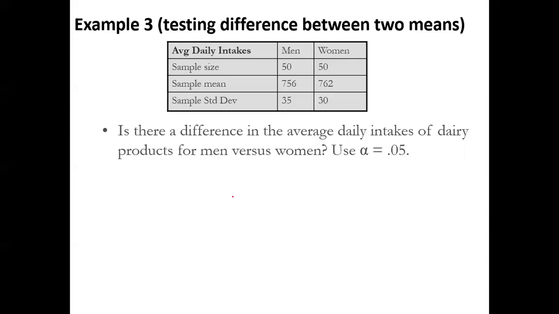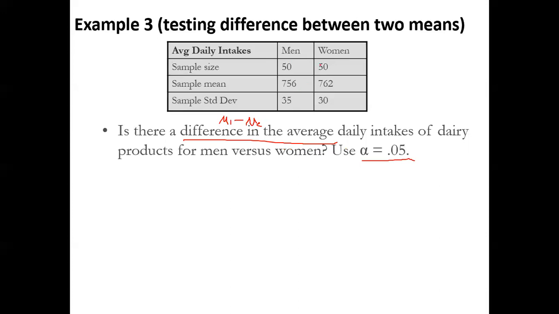It states a difference in average, so that must refer to the difference between two means, or two mu. And the alpha value that has been given is 0.05.